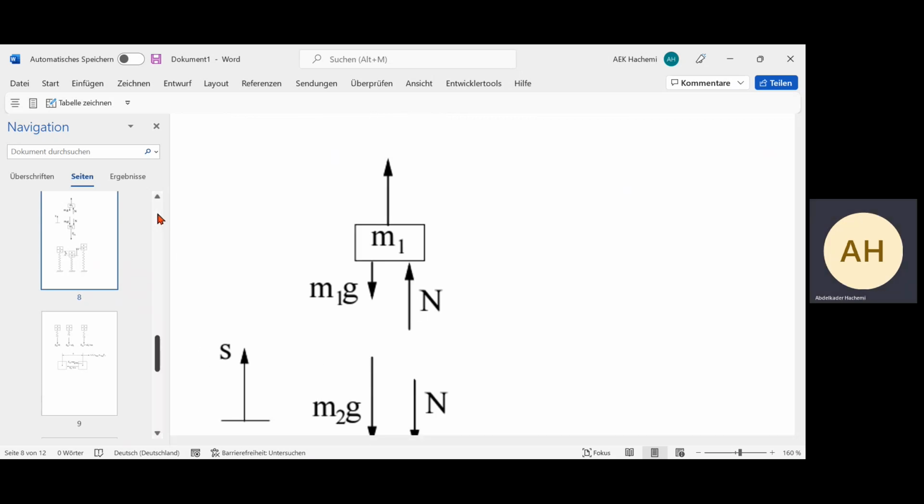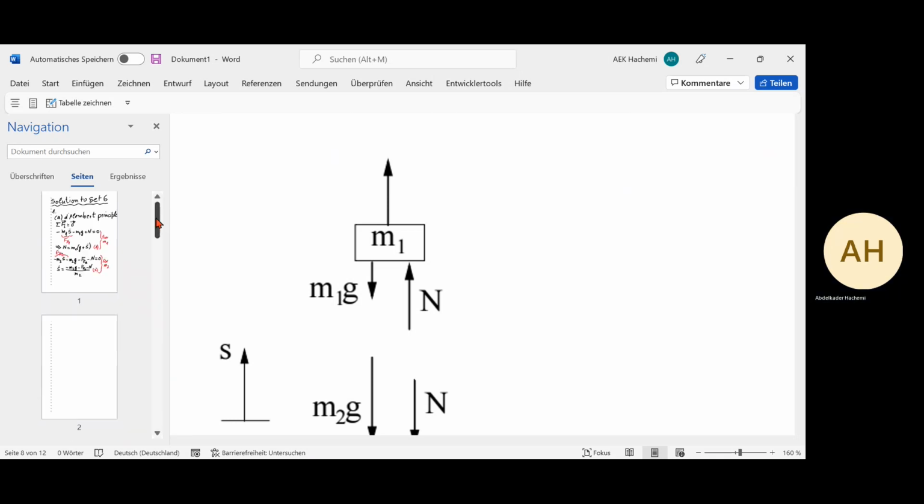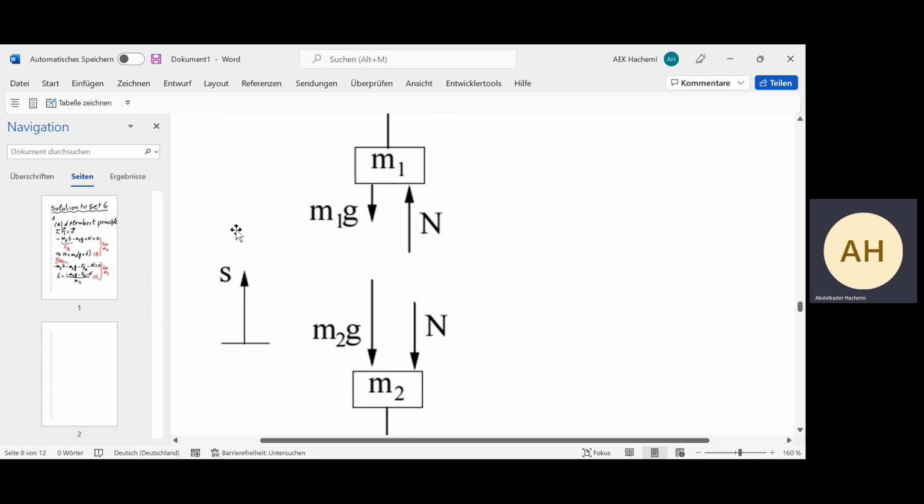The same principle applies: if the motion is in this direction, we have the coordinate system with S as for D'Alembert.